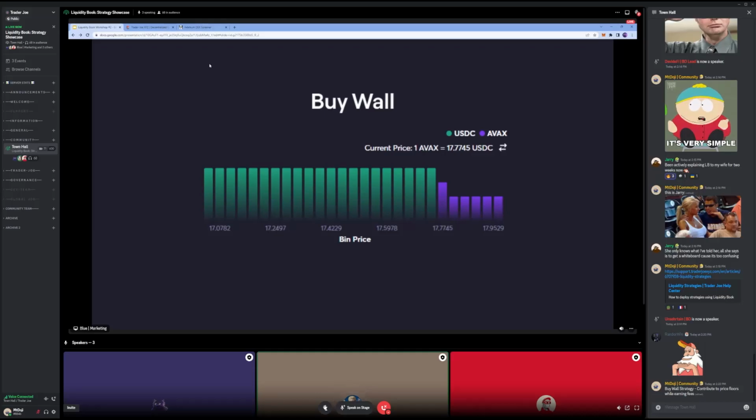A buy wall basically decreases the impact of potential sale by offering more liquidity on that side, so decreasing the amount of pressure that users on the sell side will give on the pair.